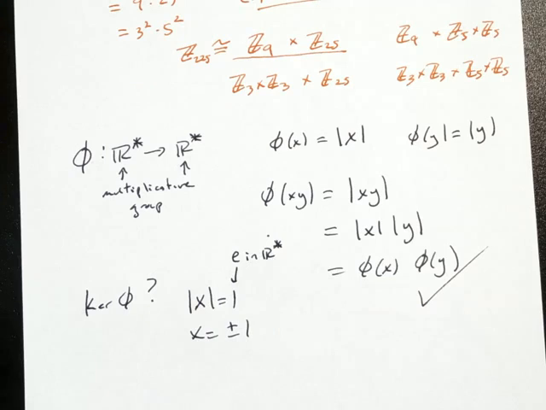Exactly. It's the set of elements that map to our identity. In that case, here's a stretch. The kernel, the homomorphism.